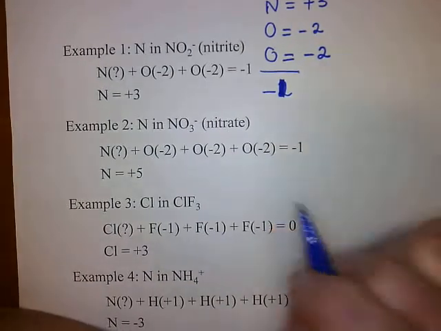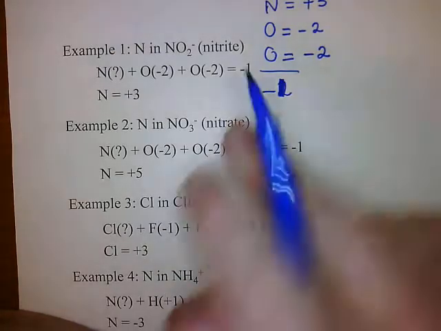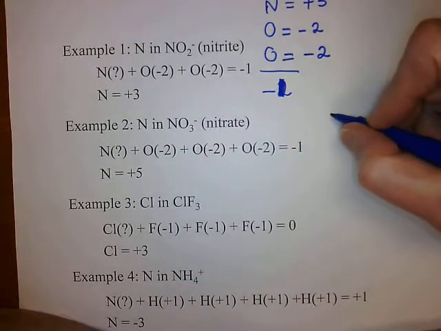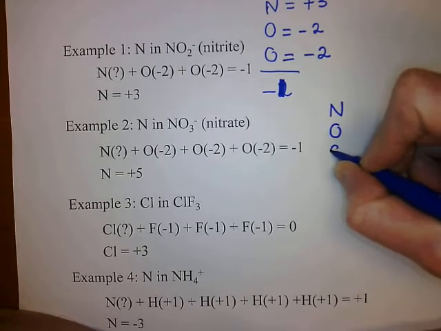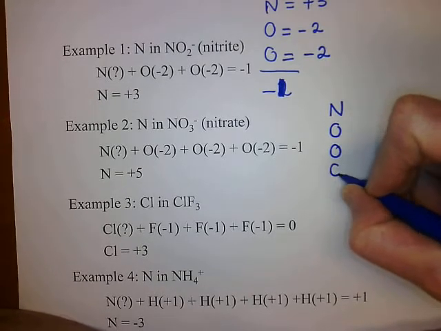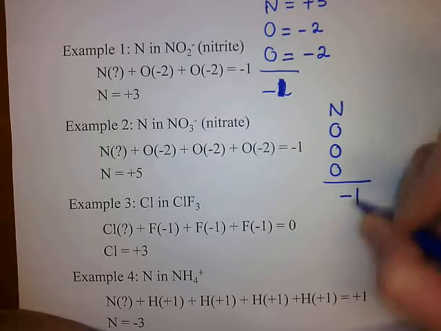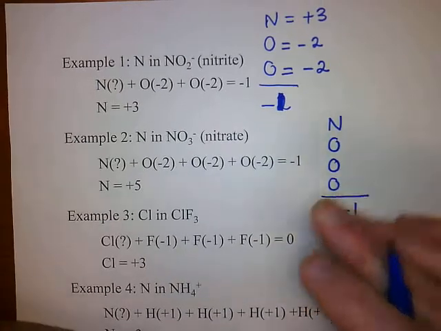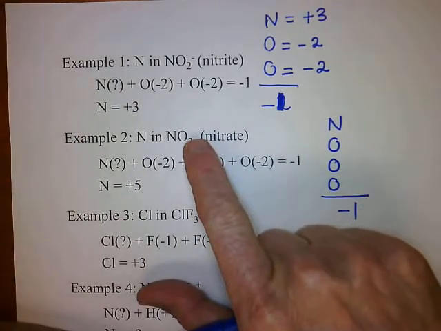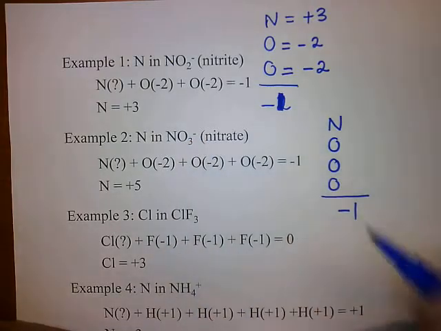Now if we move up to nitrate, which is NO3 minus, we have a nitrogen and 3 oxygens, but all that still has to add up to minus 1 because it's still a minus 1 ion.